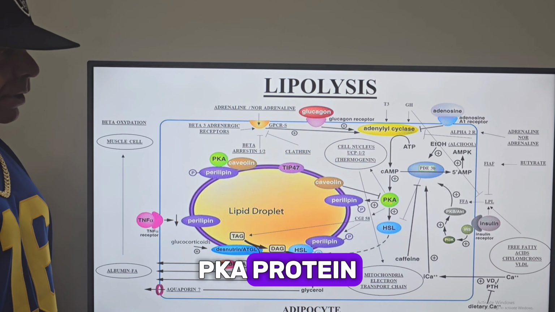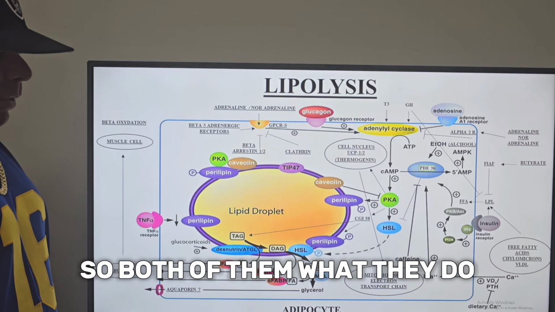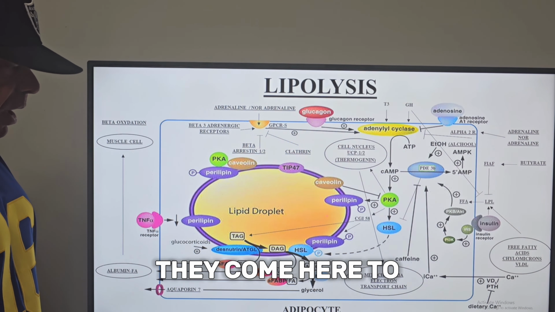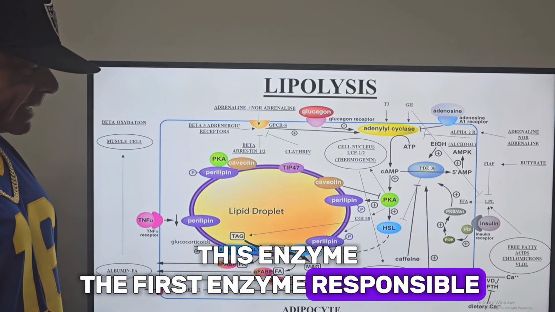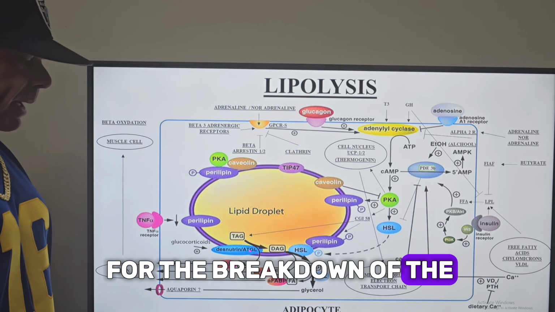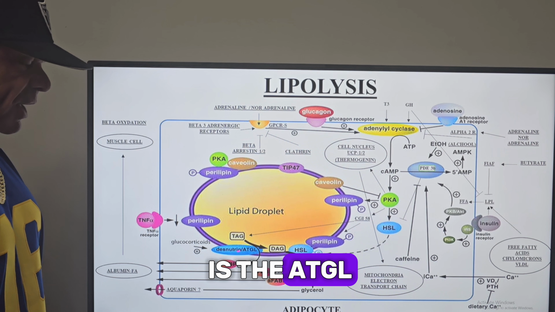Also, PKA, protein kinase A, activates CGI-58. Both of them come here and activate this enzyme, the first enzyme responsible for the breakdown of the triglyceride, which is the ATGL.